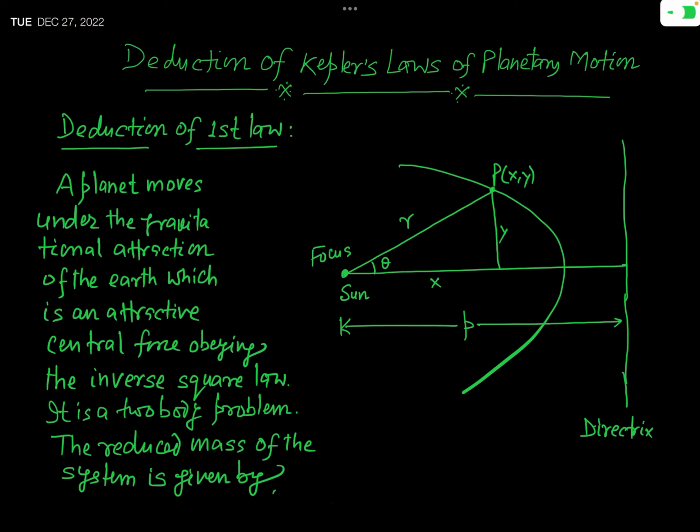And you know, ellipse is such a conic whose eccentricity is less than 1. So in a simple way, we will prove that the trajectory or the conic which will be described by the planet will have an eccentricity less than 1.